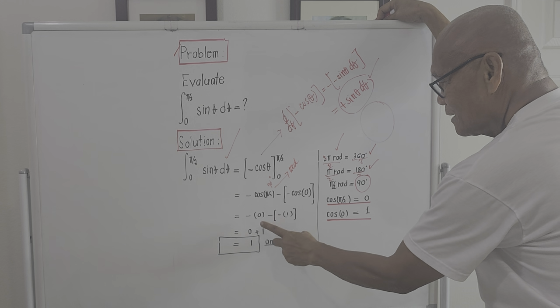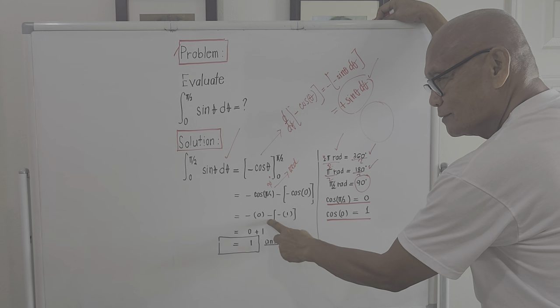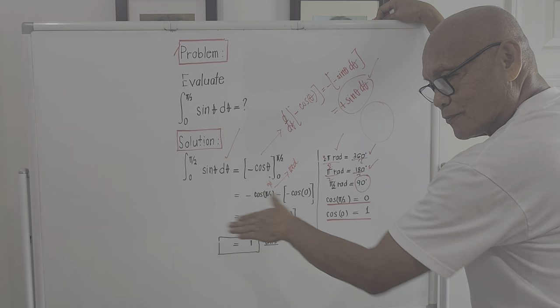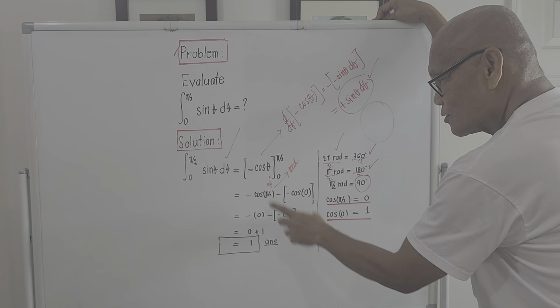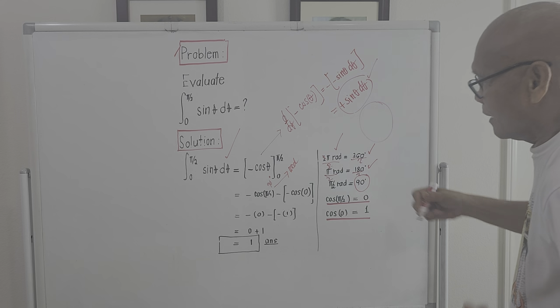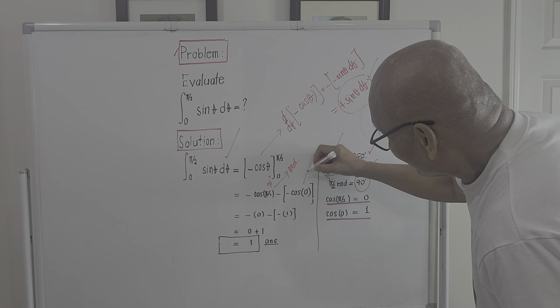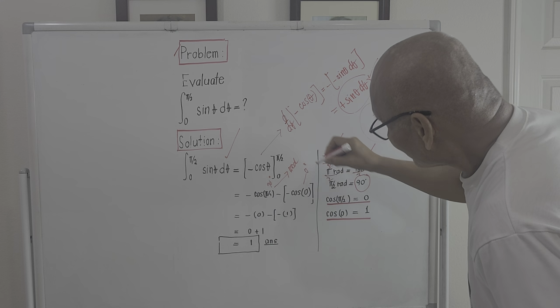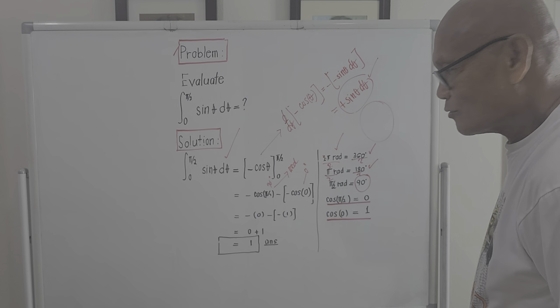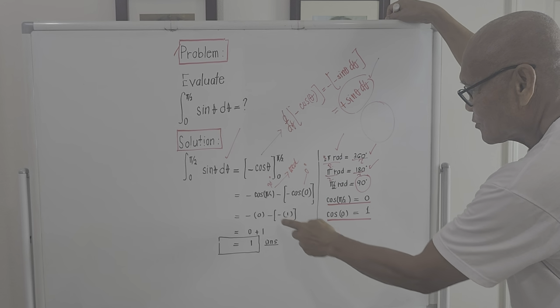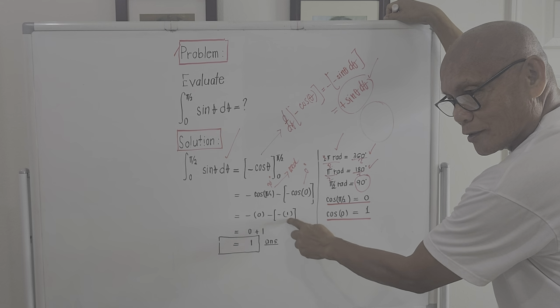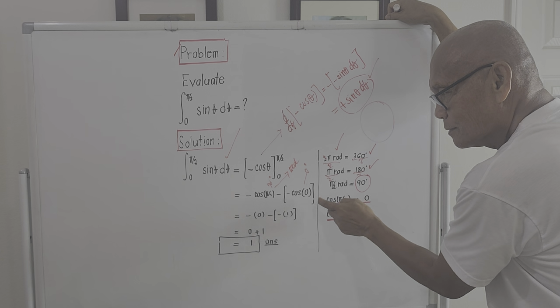We are subtracting. The operation here is subtraction, but we must place the proper sign inside. So this is minus open quantity, 0 radians or 0 degree. This is 0 degree, right? And cosine of 0 is actually 1. So this is times open quantity, 1, close quantity, close bracket.